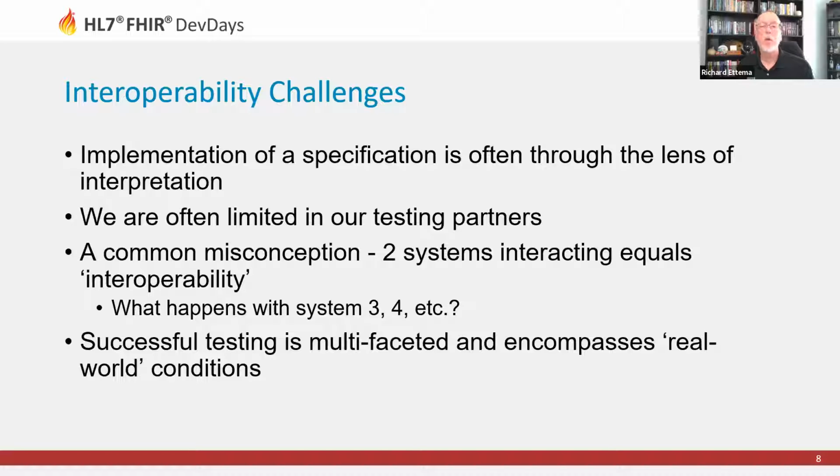We start getting into that same problem where multiple implementations, if they're not doing it all the same way, then we've got to go back and re-engineer, rework things. So it's important that successful testing allows us to look at all of these different scenarios, and successful testing is multifaceted and needs to take into account real-world conditions as well.